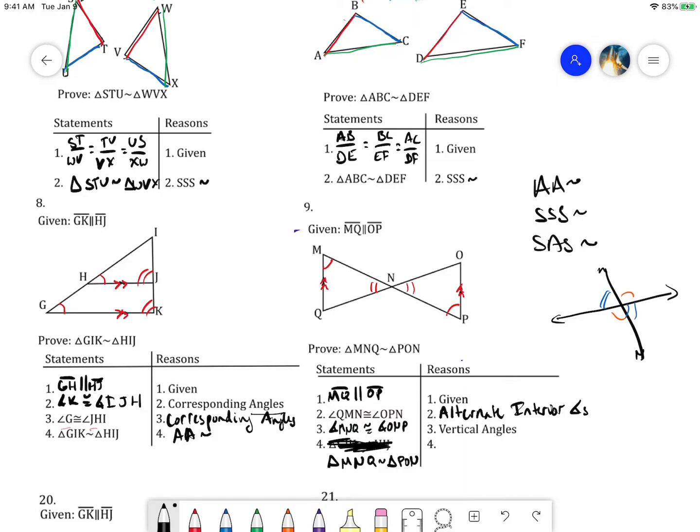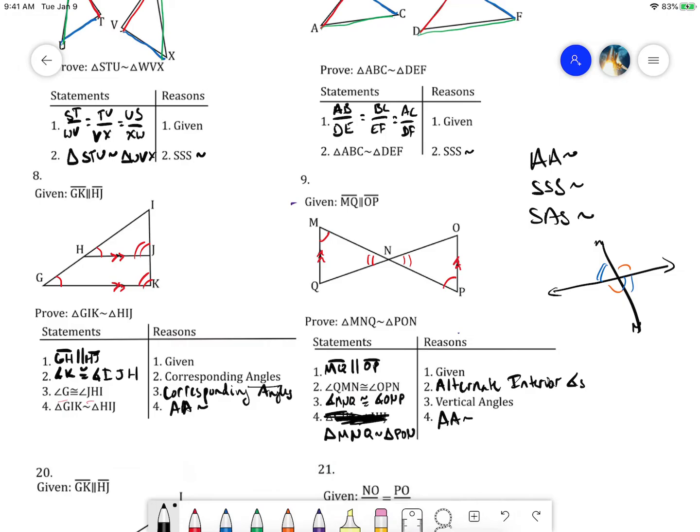Do we have any sides proportional? Angle similarity, right? Because we didn't prove any sides were proportional at all. If I look at my statements, AA requires 2 angles, SSS requires 3 sides to be proportional, and SAS requires 1 set of angles to be congruent, but 2 sets of sides to be proportional. Okay?